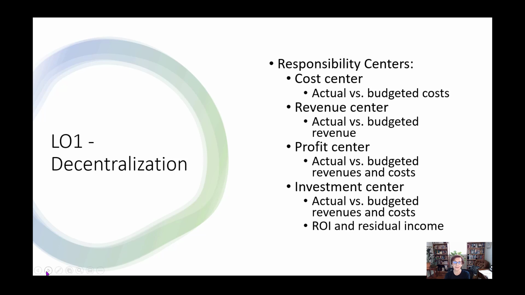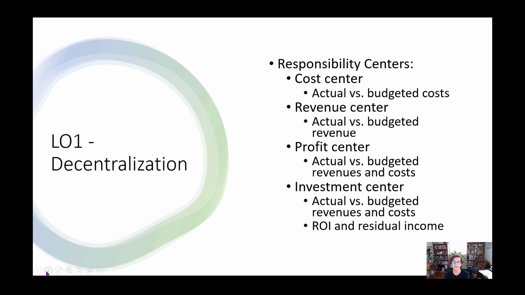A profit center would be maybe the entire Target store, and that's a unit that generates revenues and costs, and they're evaluated based on their actual versus their budgeted revenue and their actual versus budgeted costs. And then finally, we have an investment center.